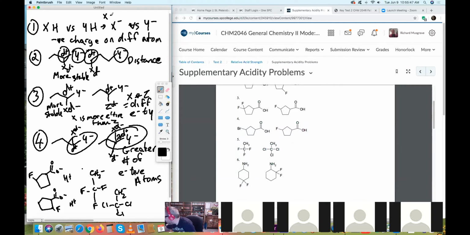If X is more electronegative than Y, then this will be more stable. And if this is more stable, it means the acid it came from is more acidic. And let's see, this one down here, this one would be more stable. So that helps as well, I think, if we do that.